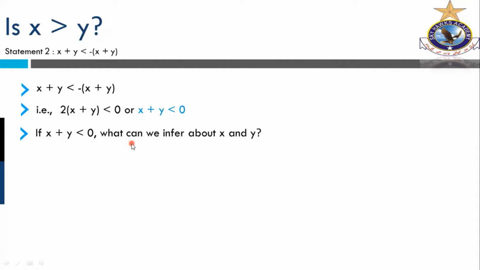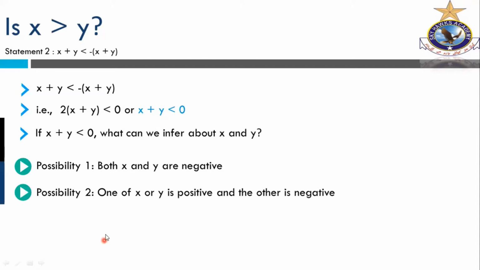And the other thing is, if we are considering that x is greater than y, then to get the sum negative, x must be negative. So possibility one, both x and y are negative, and possibility two, one of x or y is positive and the other is negative.